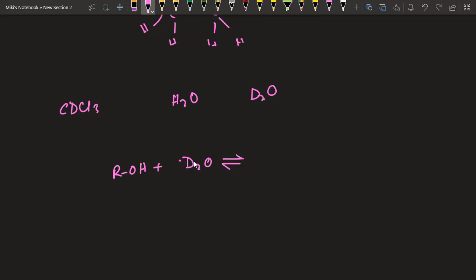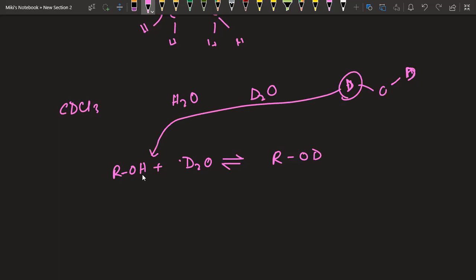Since we have this D2O, one of the deuterium will break from here and form a bond on this side, replacing this hydrogen. We have 2 hydrogens, and in deuterium also we have 2 D. Now one of the D will break and replace this hydrogen, and that hydrogen will come in place of one of the D.